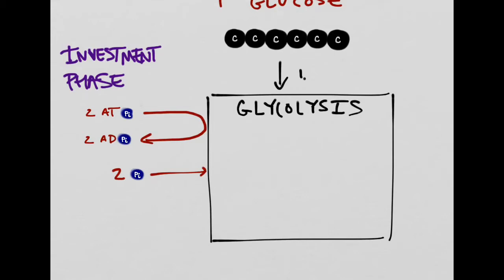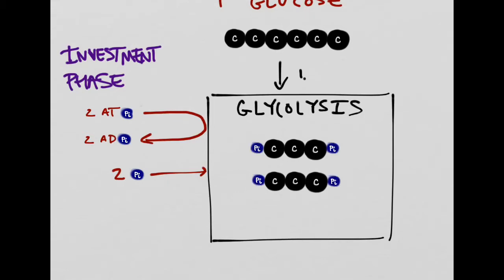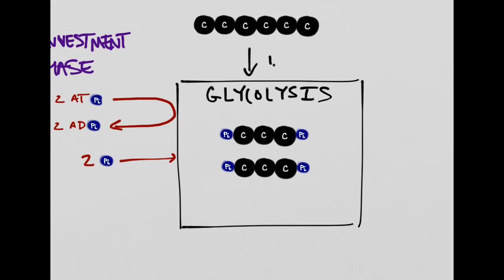So if we look at it down here, this has now broken into 2 pieces right here. And if you look at our stoichiometry, what we're donating to the process, you'll see that we've added 4 total inorganic phosphates to our now 2 3-carbon molecules.